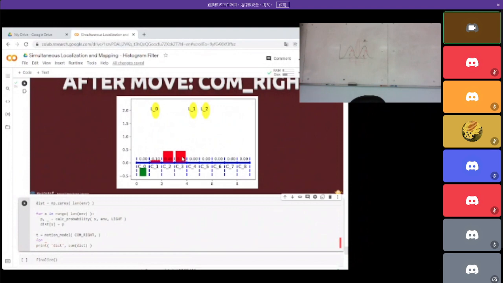If I'm in C3, then I must have started in C1, not in C0. So now you can see our distribution spreads out again, with the different contributing factors. What will happen if I do this continuously now? If I just keep driving to the right? It will be a flat distribution. Yeah, eventually it'll basically be 11% everywhere.